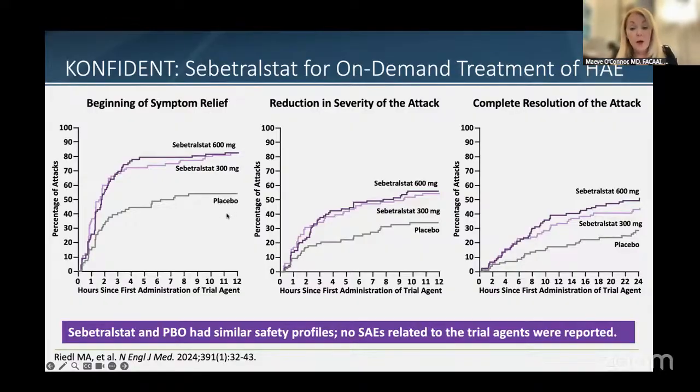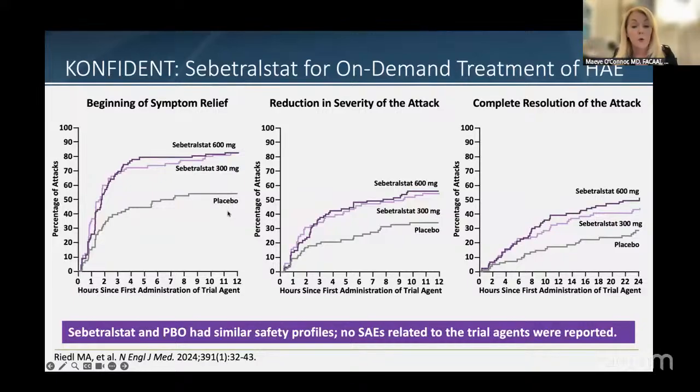This was very recently FDA approved as the first oral option for treating hereditary angioedema attacks. So the first oral on-demand treatment. And again, similar safety profiles between the active arm and the placebo arm here, and no SAEs related to the trial agents were reported.